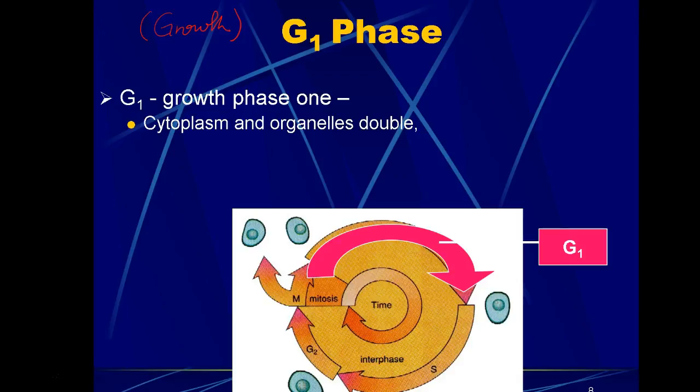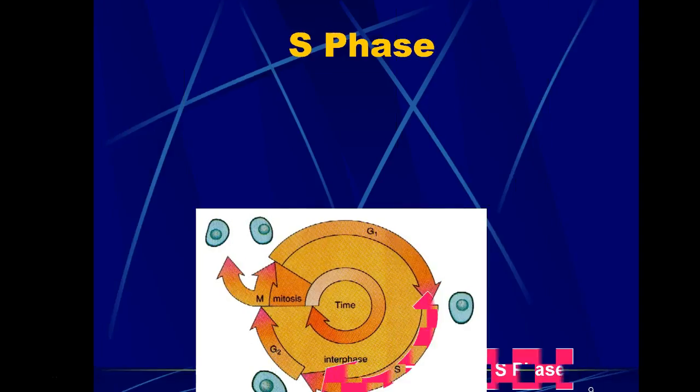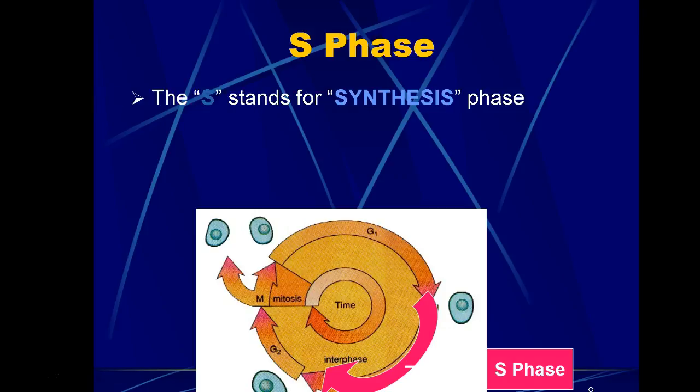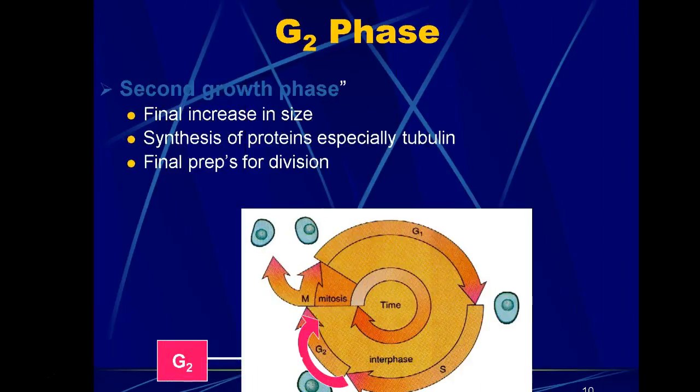Each cell is going to need a copy of the organelles that were in the original cell. A minute ago, we just talked about this. S stands for replication of the DNA, so synthesis of the DNA molecules. And in fact, there are billions of bases that have to be copied exactly. And then the final growth in size, make sure we have enough cytoplasm, etc.